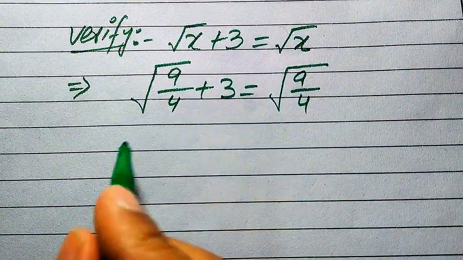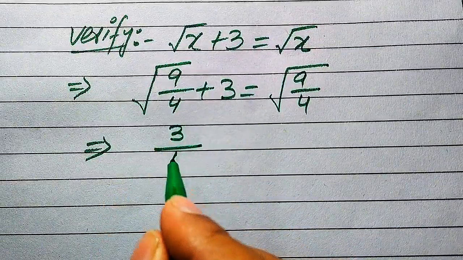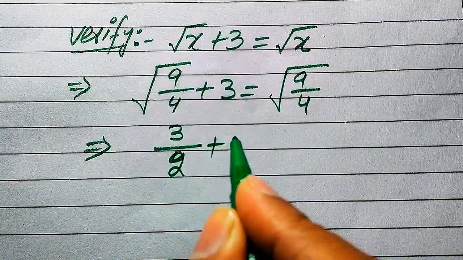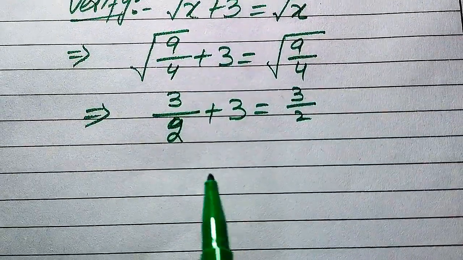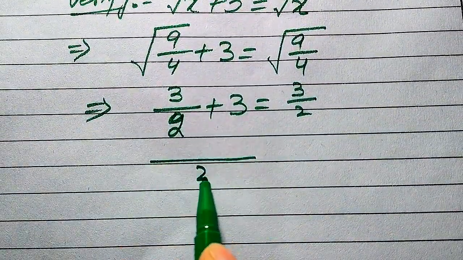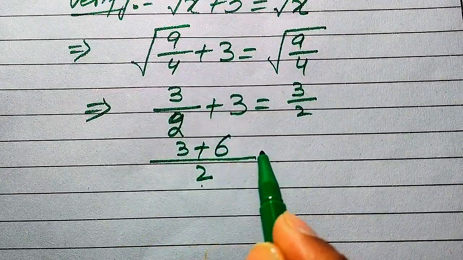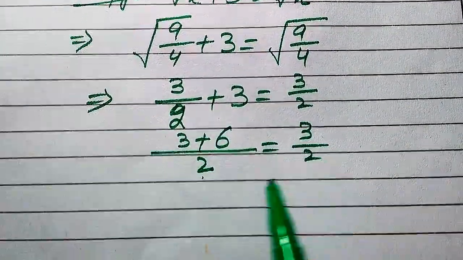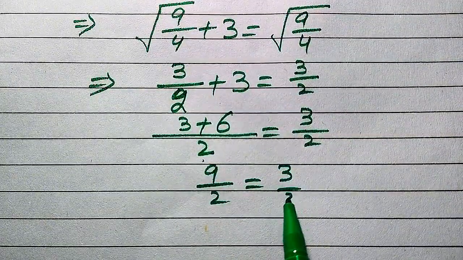We know that square root of 9 becomes 3, square root of 4 becomes 2, so 3 over 2 plus 3 is equal to 3 over 2. Taking the LCM on the left hand side, which is 2, we get 3 plus 6 over 2 is equal to 3 over 2, and this becomes 9 over 2 equals 3 over 2.